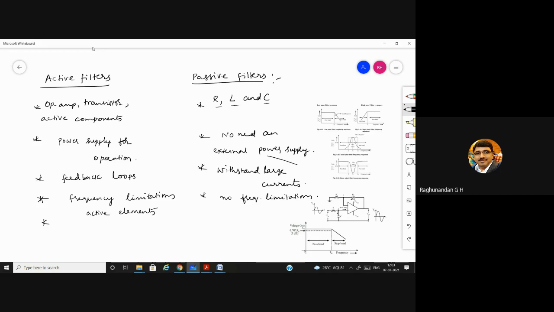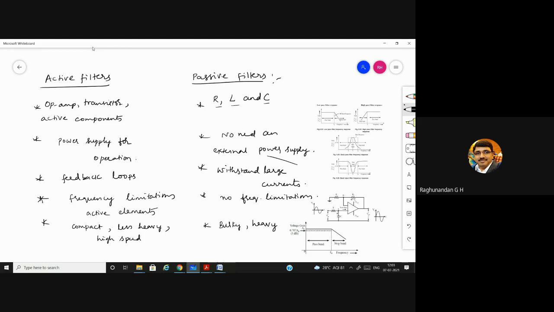But one more advantage we have in active filters is that they are compact. A single IC can do a lot of things. They're compact and less heavy, that is low weight, and they can work at high speed. So these are the advantages. But coming to the passive filters, since there is the presence of inductors, resistors and all, automatically they become bulky and heavy, because inductor means coil, obviously they'll be heavy.